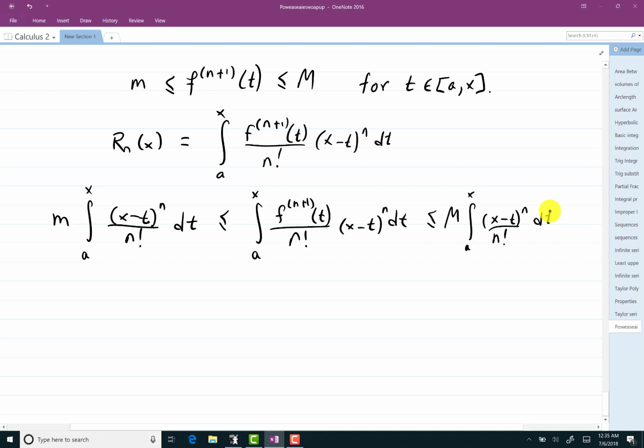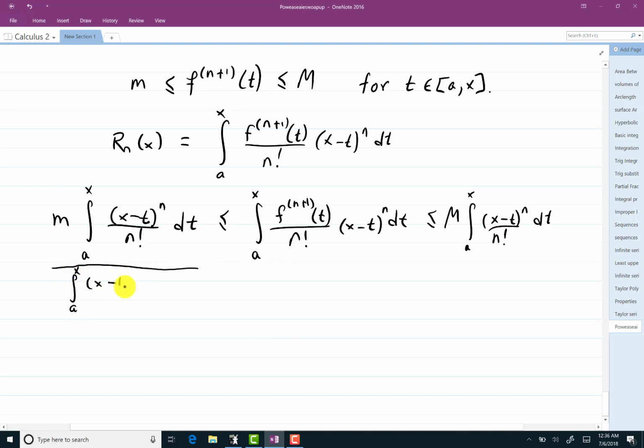Now, there's something I want to say here. For one thing, if this integral happens to be 0, then both sides would be 0 and force the whole integral to be 0. So I don't want to talk about the integral being 0. The zero case can be handled separately. So the integral is not 0, and what I'm going to do is divide everything by this integral.